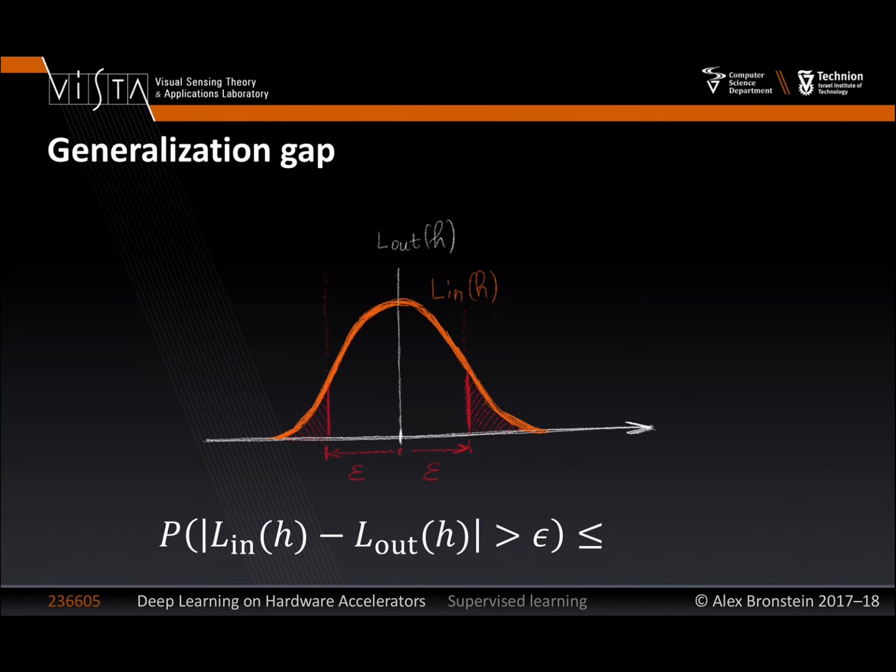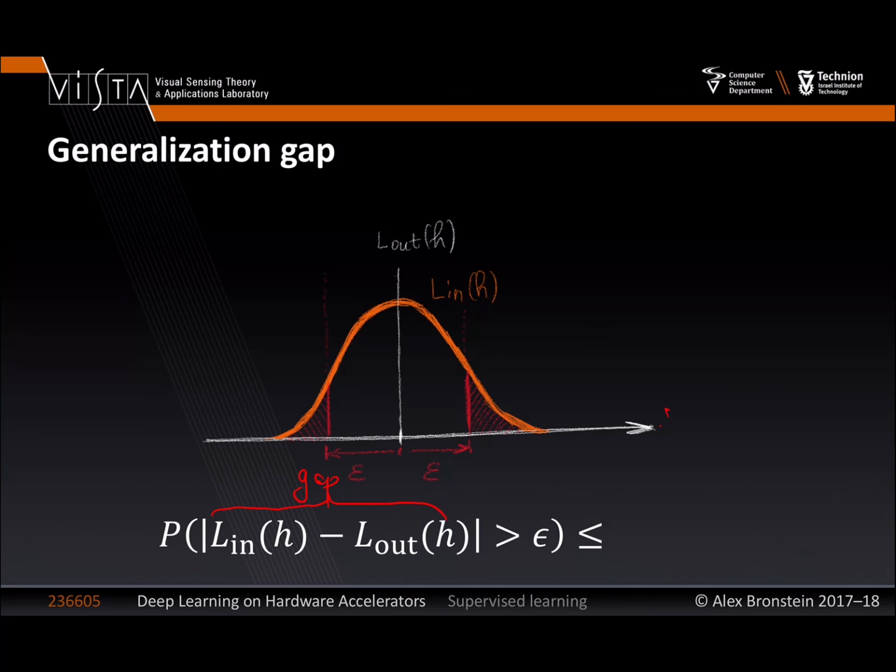Now, what we can then do, we can draw this distribution, put some tolerance epsilon around the mean, and ask what we can tell about the probability in the tails. Okay, so basically, I'm going to take this generalization gap. Okay, and I will ask what can I tell about the probability of this. So the generalization gap is what is drawn on this axis, or basically this is L in, right?